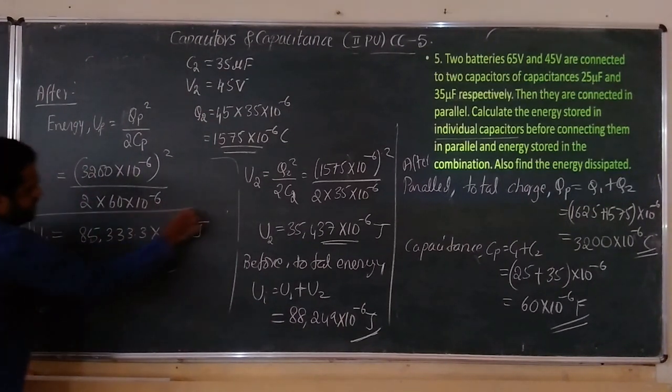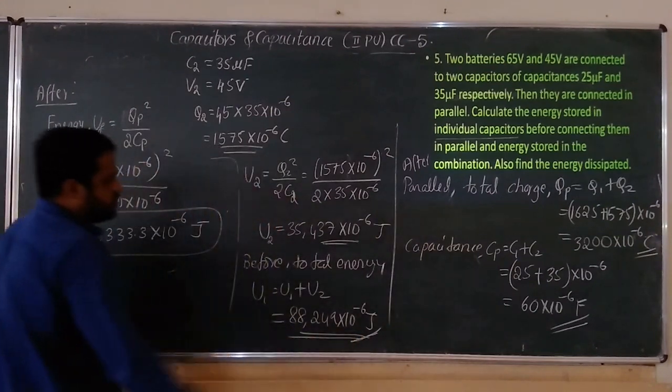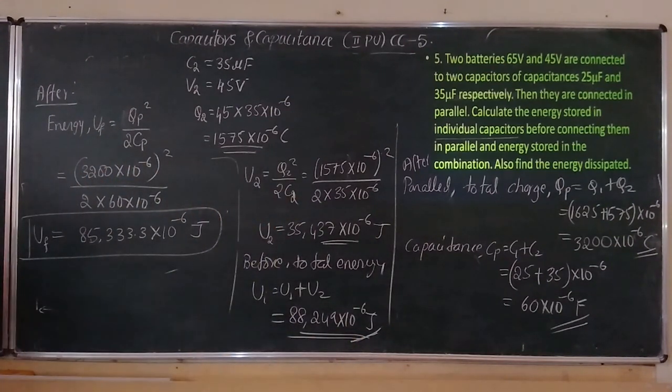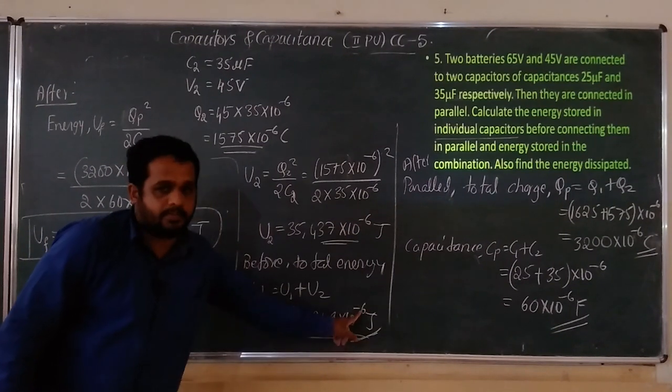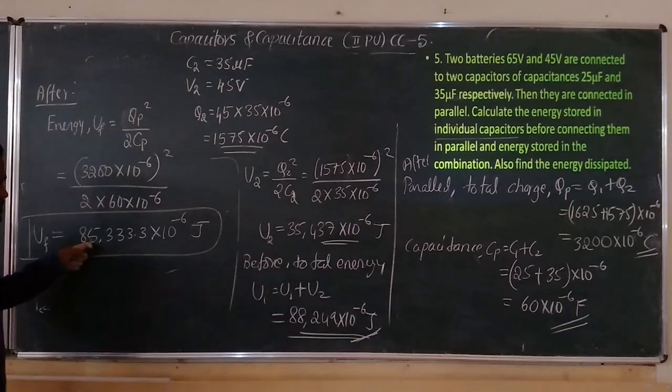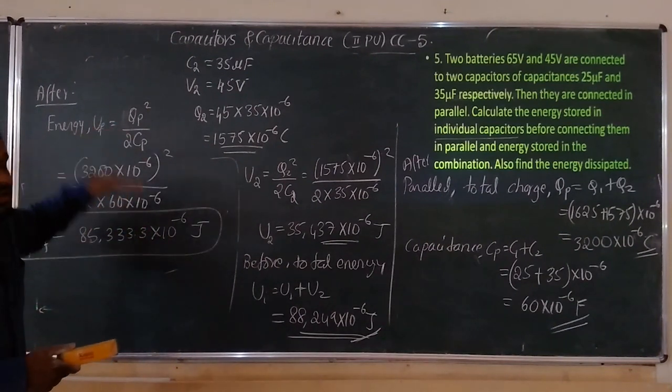So before connecting the capacitors in parallel, this is the amount of energy stored, and after connecting the capacitors in parallel, this is the energy stored. Now if you compare the values, it is 88,249 into 10 to the power minus 6, and its value is now 85,000. So after connecting the capacitors in parallel, the energy stored in the combination decreases.